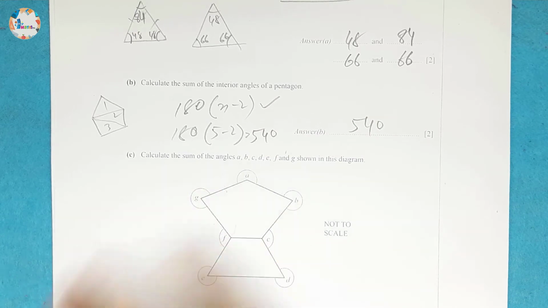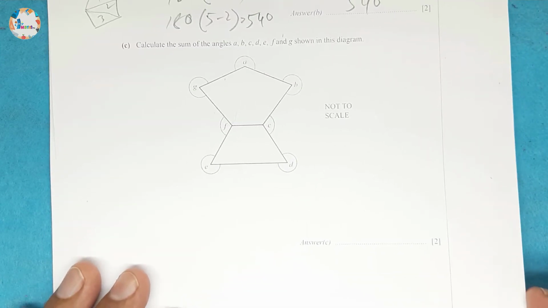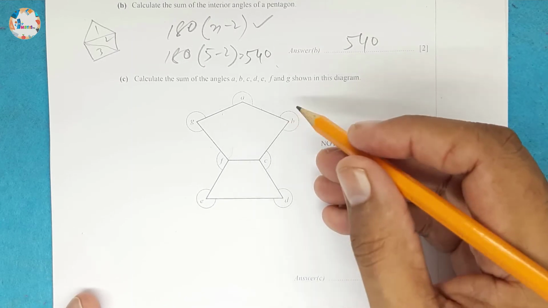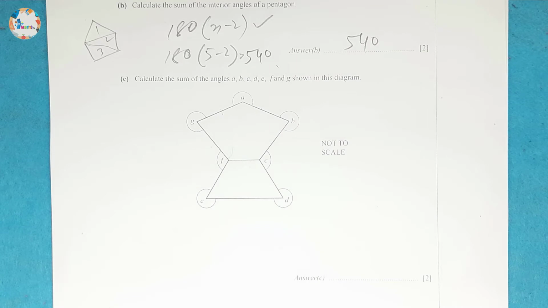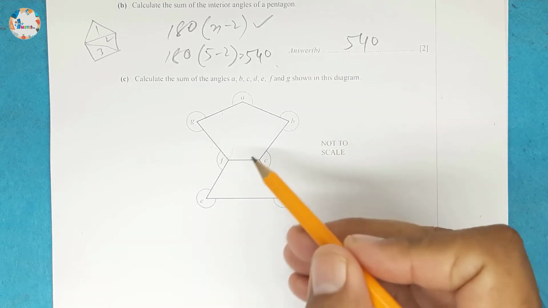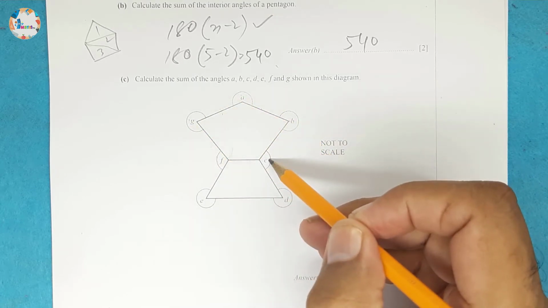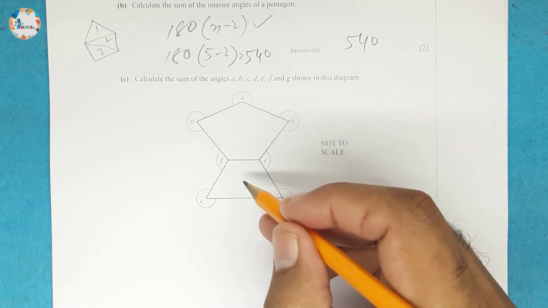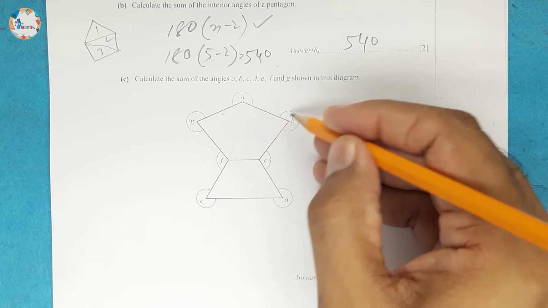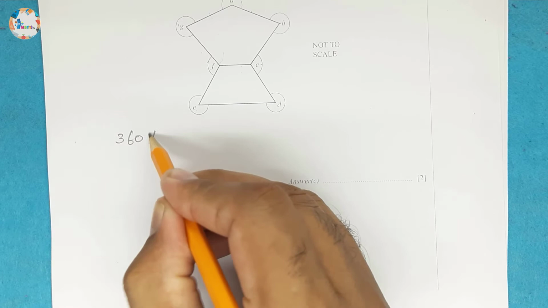Both have been explained. Then calculate the sum of angles A, B, C, D, E, F and G shown in the diagram. So basically this is a pentagon, and we have to calculate all these angles. If we check this drawing, it has 1, 2, 3, 4, 5, 6, 7. If we take 7 complete circles, each circle angle is 360, so we write 360 multiplied by 7.